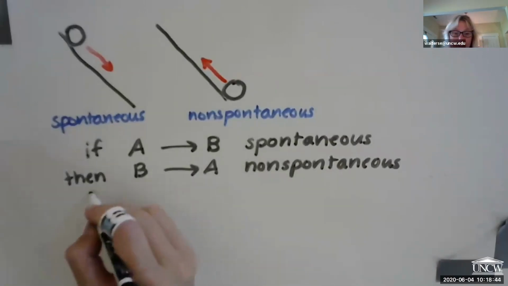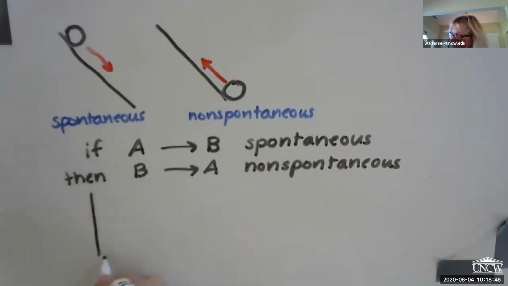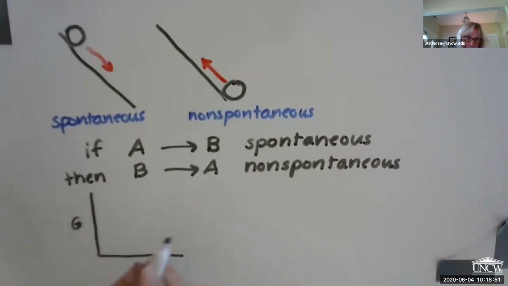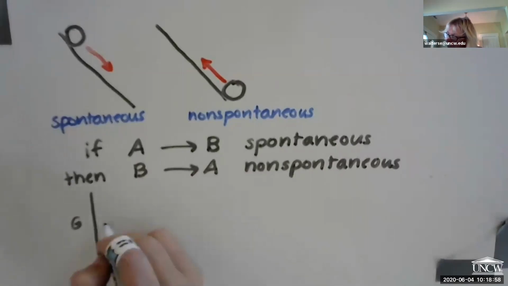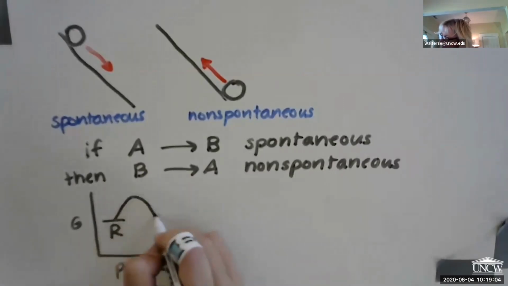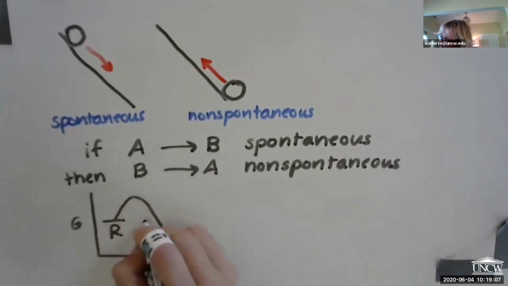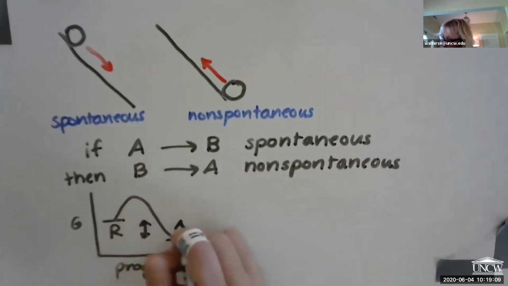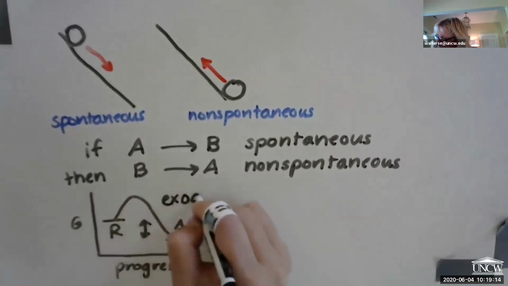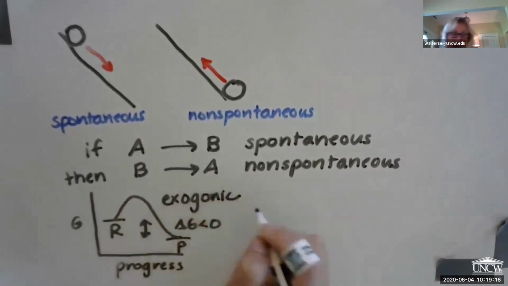You can have free energy level diagrams, and they look just like energy level diagrams, only you have G versus progress. Here, delta G is negative, and that's measured right here. Those are called exergonic reactions.